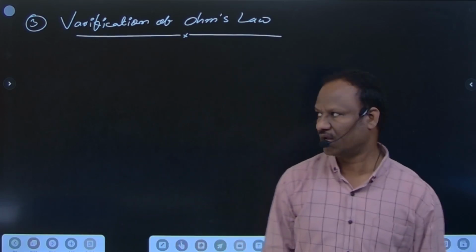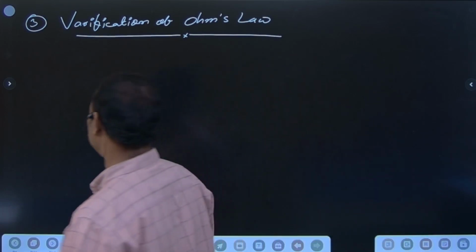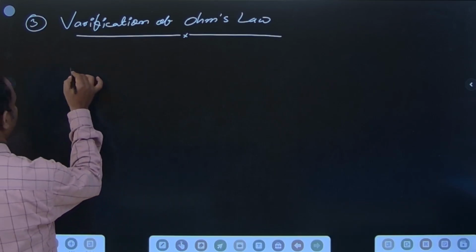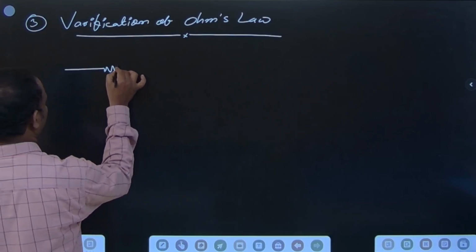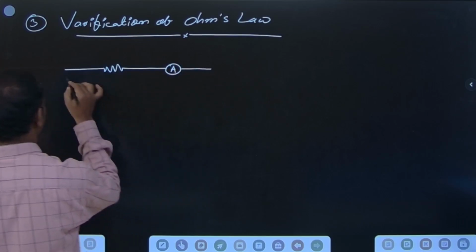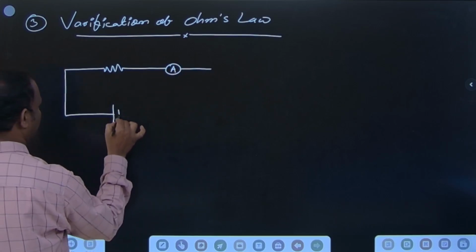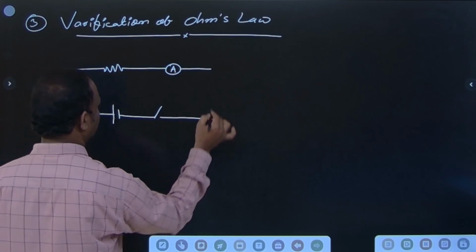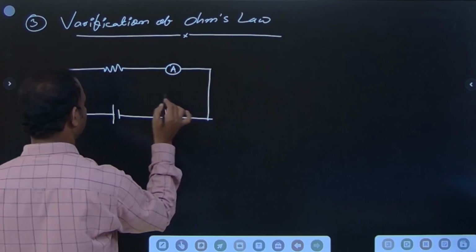Verification of Ohm's law. The circuit diagram for the verification of Ohm's law: first we have a resistor, an ammeter is connected, and it is connected to a battery, and the key is closed.